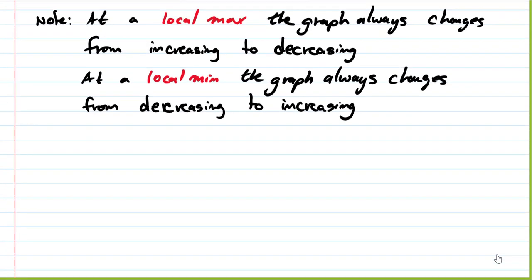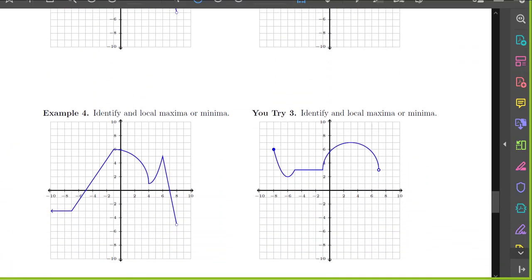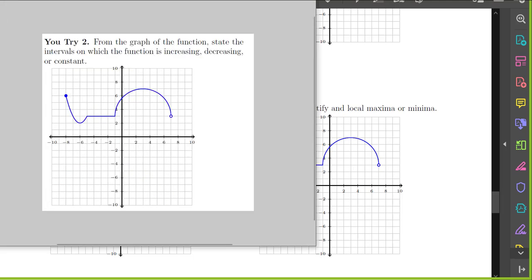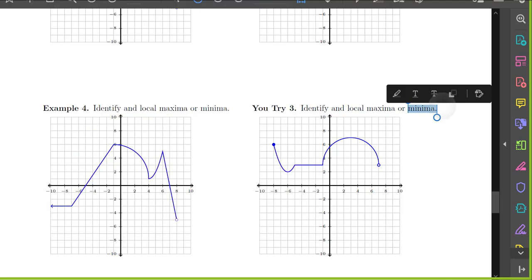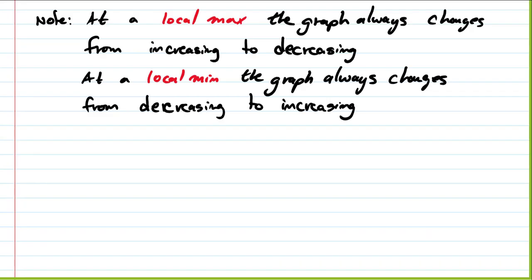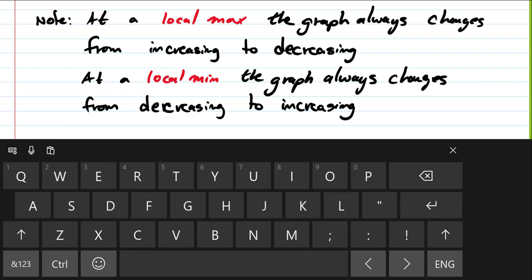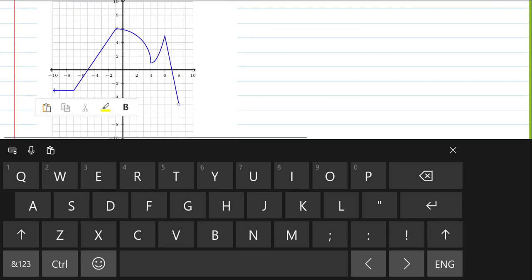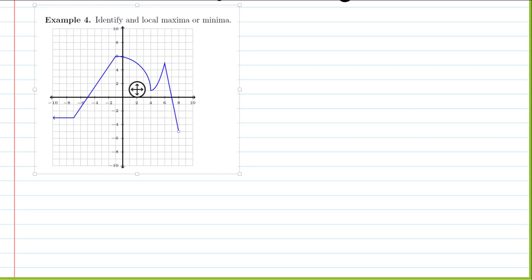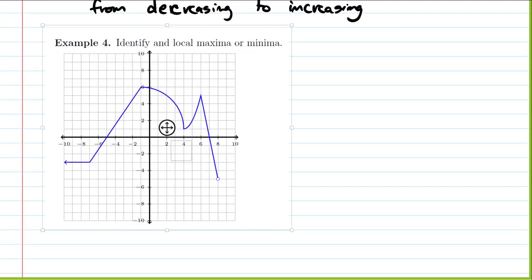All right, so armed with those two pieces of knowledge, we are now ready to do example 4, which conveniently is the same picture that we used in the previous problem. So the previous graph actually encodes all of the information we needed. So we're going to have a local maximum anywhere my graph changes from increasing to decreasing. So at this point right here, I go from increasing to decreasing, and here I go from increasing to decreasing.